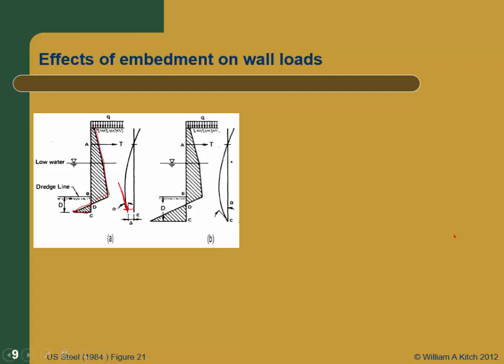If we increase the depth of penetration, we'll eventually get to the point where the base is fixed. In other words, there's no displacement there, but there'll still be a curvature of the wall. There'll be a rotational movement there, but there won't be any lateral displacement.